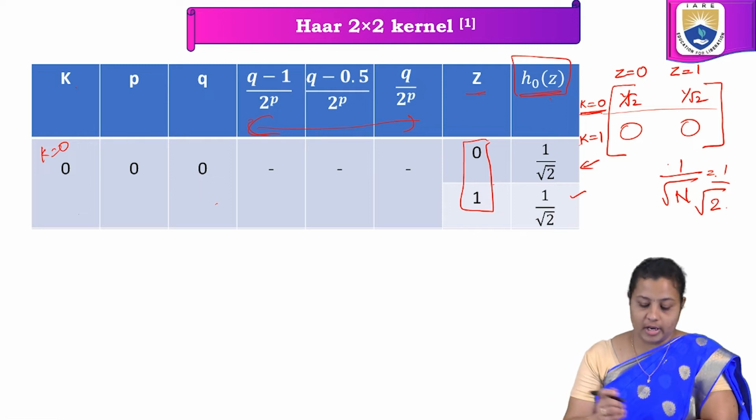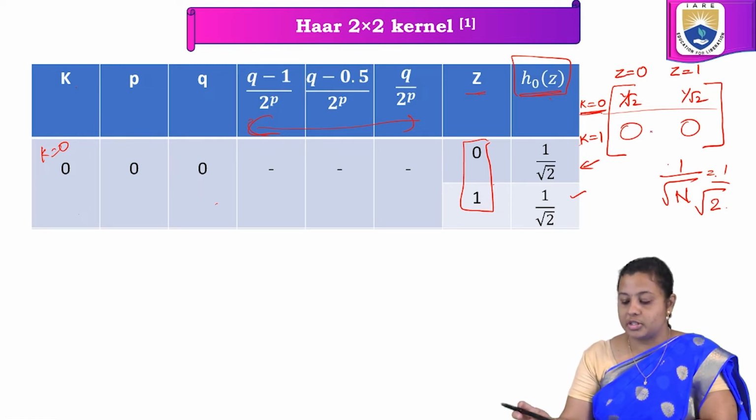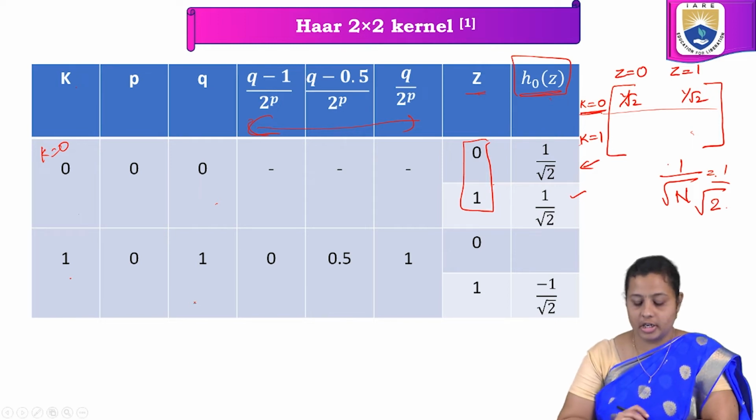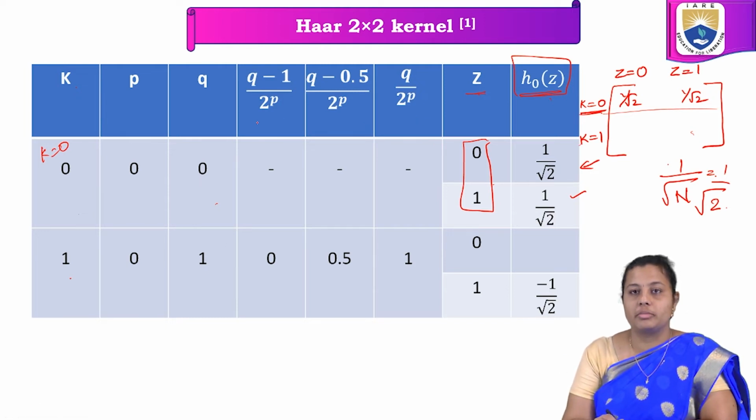Now we have to calculate for k equal to 1, which means that we are trying to calculate for my second row, right? So when I'm trying to calculate k is equal to 1, we know that we obtained k equal to 1 from p is equal to 0 and q equal to 1, right? So let me calculate the values of (q minus 1 by 2) per p, that is (q minus 0.5) by 2 per p, when q is equal to 1.